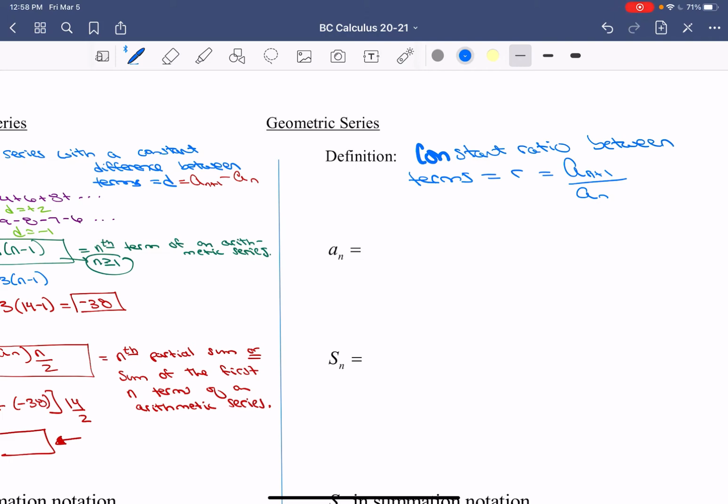Let me give you some examples of a geometric series. 1 plus 2. Whoa, did you see that? I said 1, but my hand said 2. That's so funny. 1 plus 2 plus 4 plus 8 plus 16 plus so on and so forth, okay? The constant ratio here is positive 2.